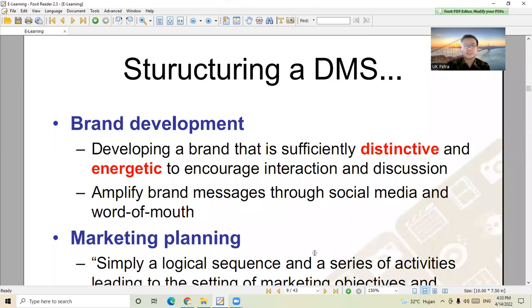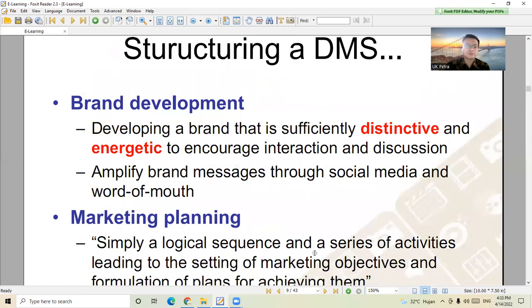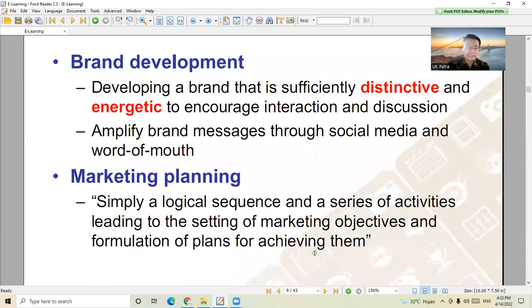So DMS structure also talks about brand development. The brand development is the way we develop a brand that is sufficiently distinctive, different from others, and energetic. It has the energy so that the customers will choose your brand compared to other brands.